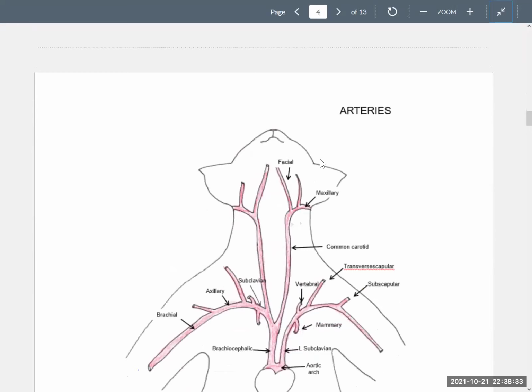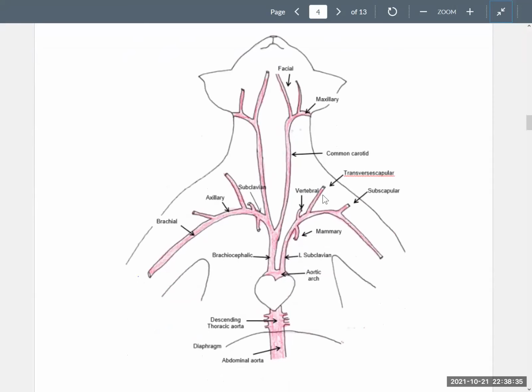The arteries above the diaphragm, here's the diaphragm again, come to the heart. And here's our aortic arch. You can barely see it. Too bad we don't get to do this for real. Some people say, no, it isn't too bad at all.